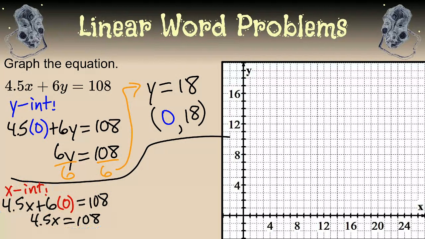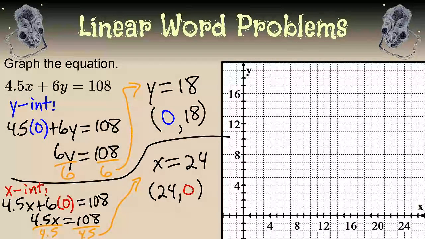I'm going to divide both sides by 4.5. And the result then is that x is equal to 108 divided by 4.5, which is 24. So we have the point 24, 0.